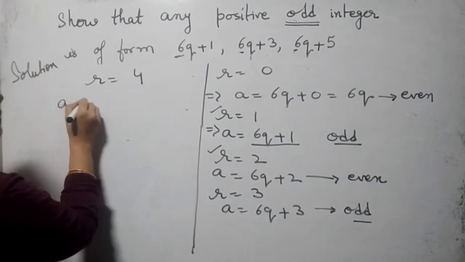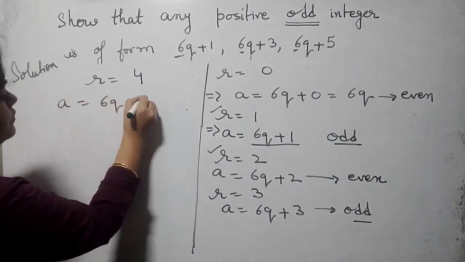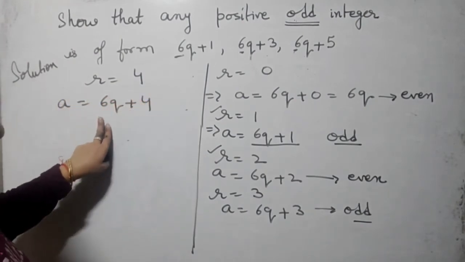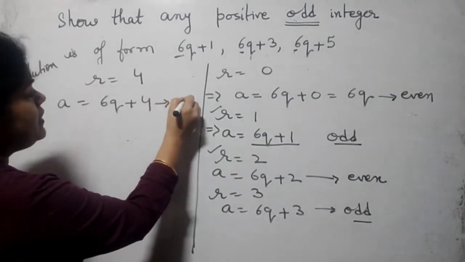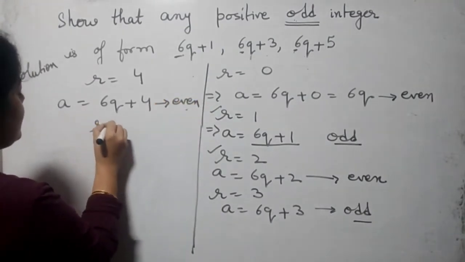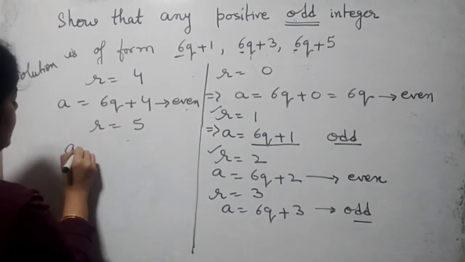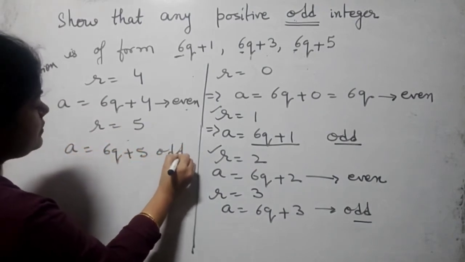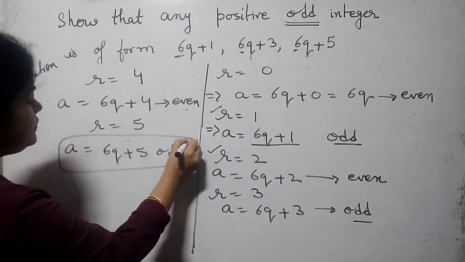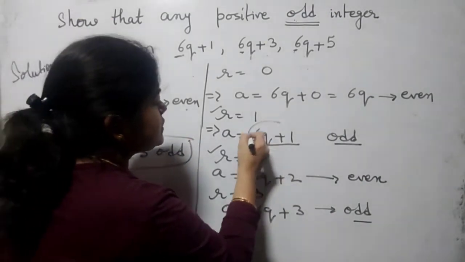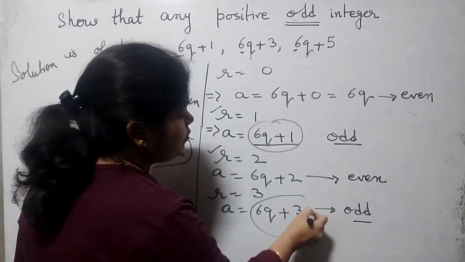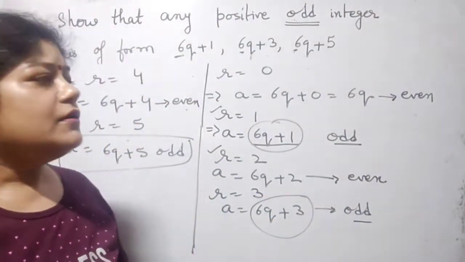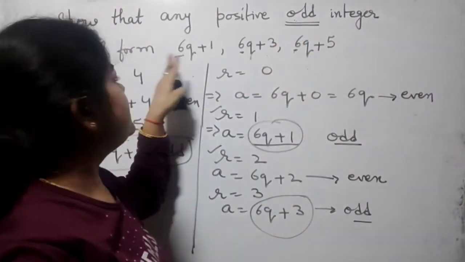Then A is equal to 6q plus 4. Now both of them are divisible by 2, so it is an even number. Now R is equal to 5. Then A is equal to 6q plus 5, which is again an odd number. So we can check over here 6q plus 5, 6q plus 1 and 6q plus 3. These three represent the odd integers.